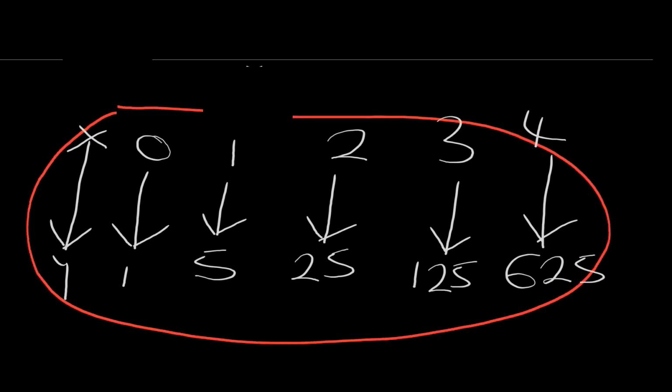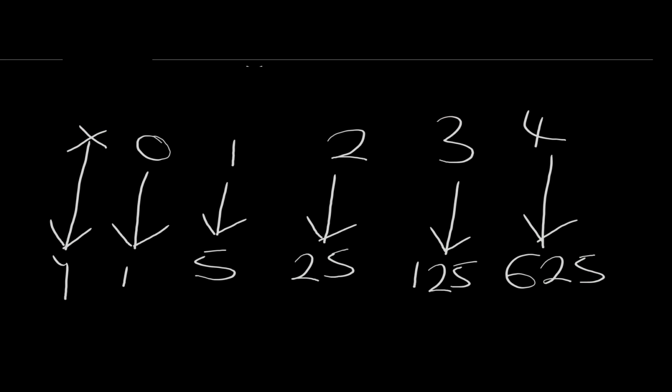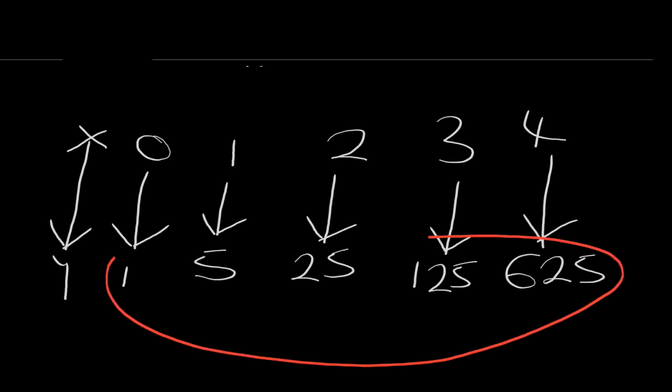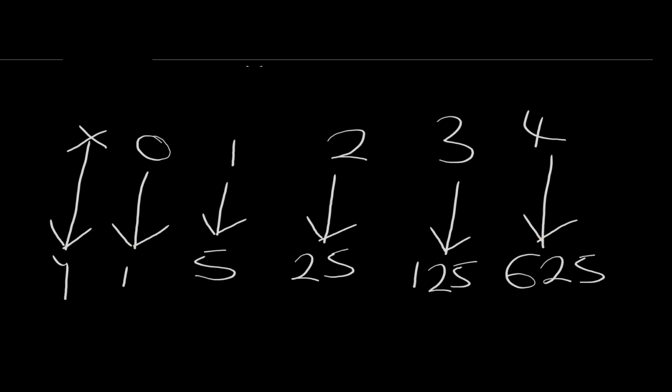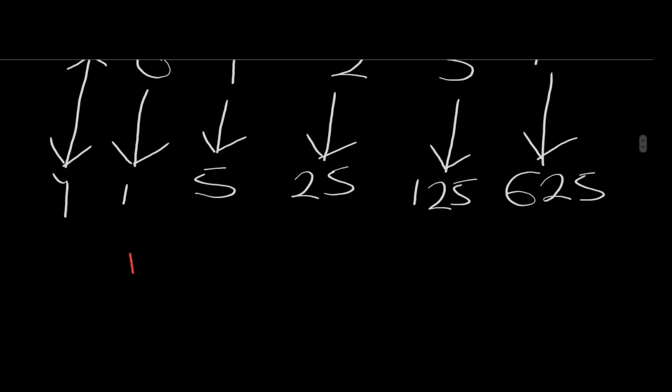Now, looking at this mapping, if you want to know if the mapping is an exponential mapping, then it means that the codomain should have a common ratio, which is normally represented with the letter r.